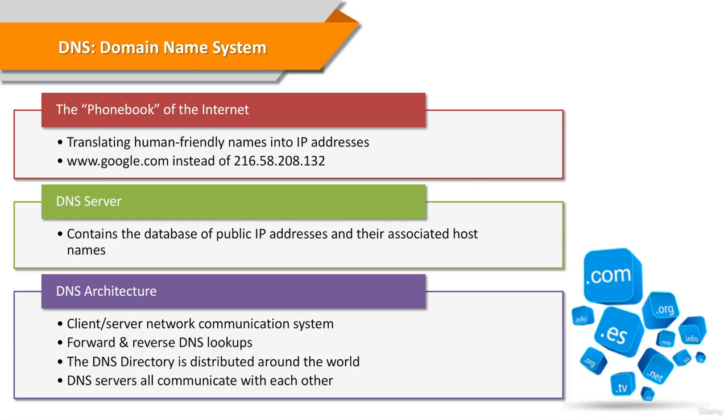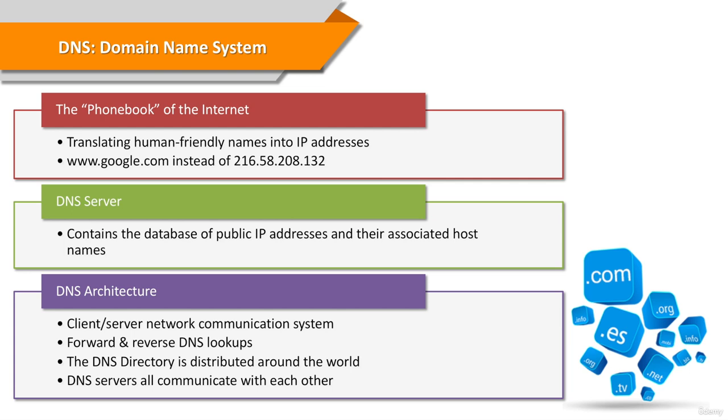DNS clients send their requests to and receive the responses from DNS servers. The requests containing the name and resulting in an IP address being returned from the server are called forward DNS lookups. The requests containing IP addresses and resulting in the names are called reverse DNS lookups.